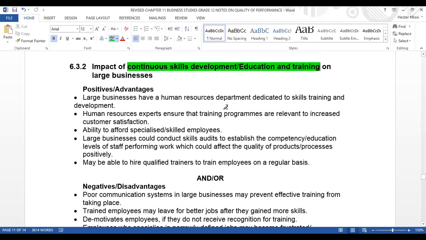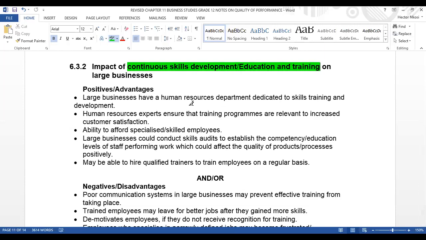So the good thing about continuous skills development and education and training is that large businesses have a human resource department dedicated to skills and training. We know that in each and every business or organization, we do have an HR department, right?